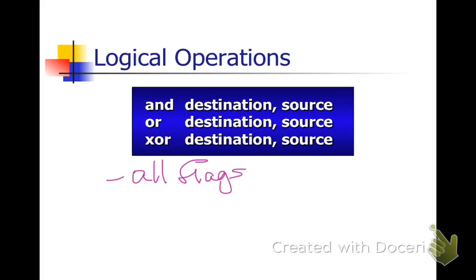The operands can be byte, word or double word, and the operands can also use any of the addressing modes. All of them are allowed for and, or, and XOR. Not the case for not, so I'll get back to that in a second, but let's look at each one of these one at a time.